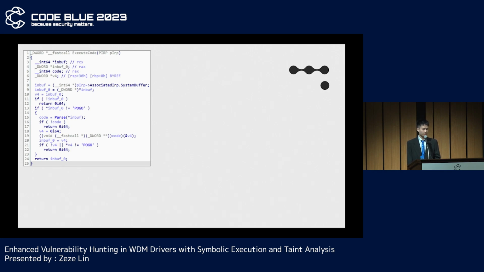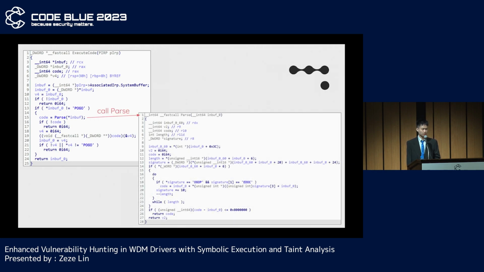In the execute code function, it calls the parse function because it parses our input buffer. In the parse function, the local variable code is tainted by our input buffer and then returned by the parse function to execute code. Execute code treats the return value as a function pointer and calls it, which leads to arbitrary code execution. An attacker can exploit the vulnerability to gain the system privilege.